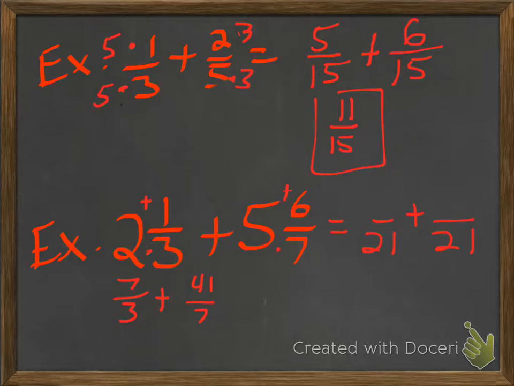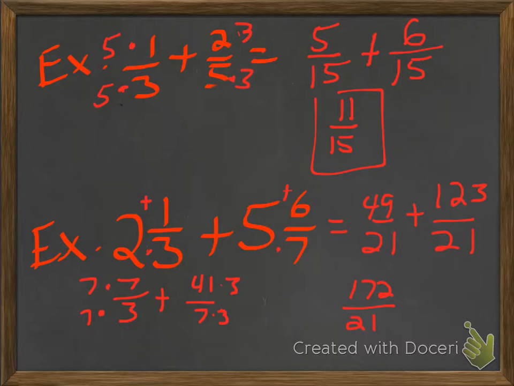I had to multiply the 3 by a 7 to get 21, so I'm going to multiply the 7 by 7. So I get 49. I had to multiply the 7 by 3. I had to multiply the 41 by 3. So 41 times 3 is 123. Now I can add 123 plus 49. Whew. It's 160 plus 12, which is 172 over 21.